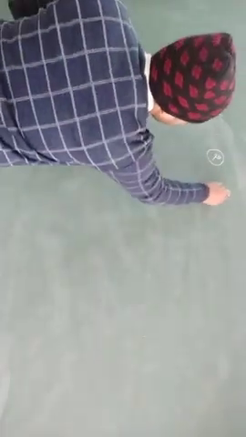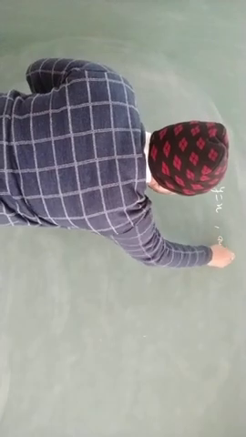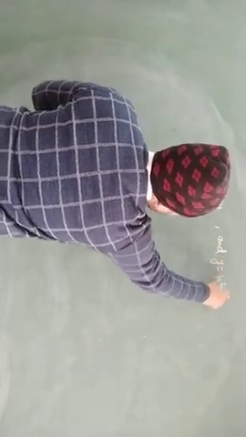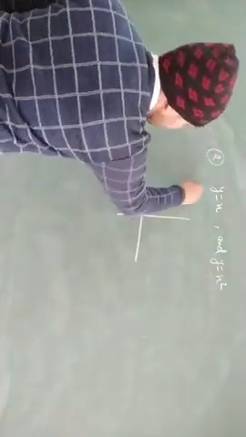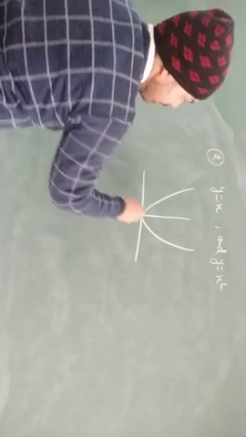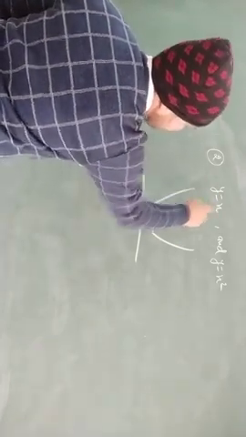Find the area between the curves. Question number 2. Find the area between the curves y equal to x and y equal to x square. This curve represents a parabola, y equal to x square, and if we put x is equal to 0, y equal to 0, and x equal to 1, y equal to 1.